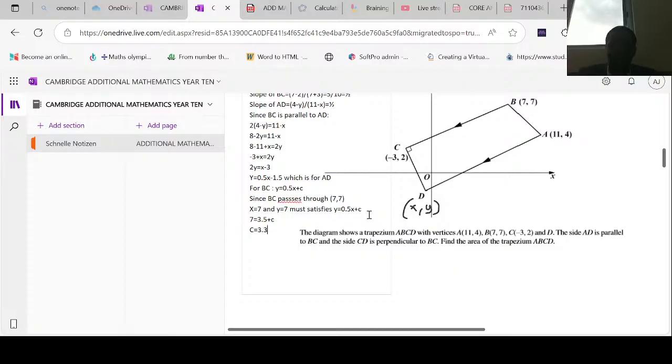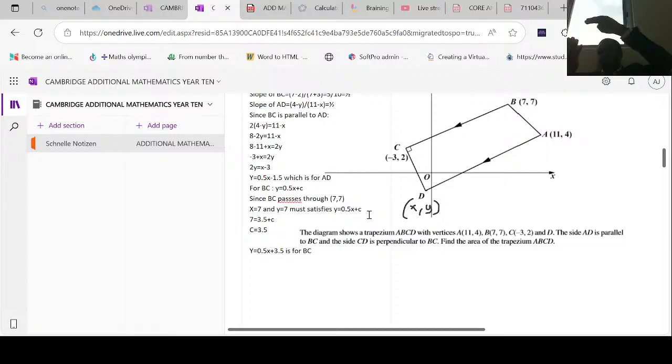So we've gotten the equation of that line. So y equals 0.5x plus 3.5. So you can see that this is for BC. I hope you get it.